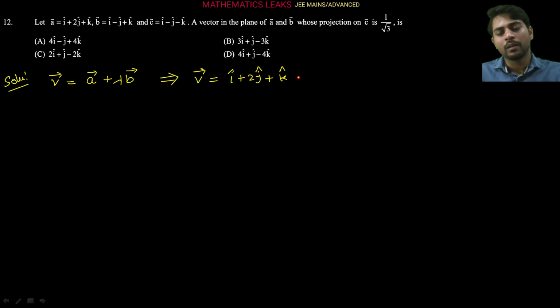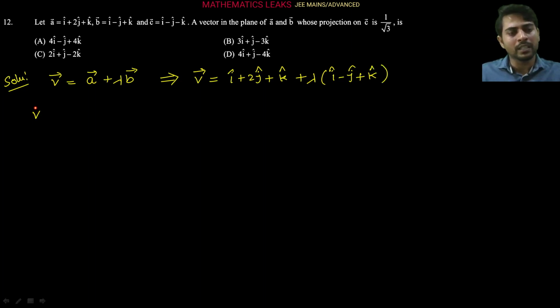So V vector can be written as A vector, which is I cap plus 2j cap plus k cap, plus lambda times B vector, that is I cap minus j cap plus k cap.